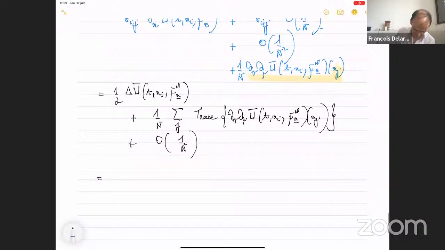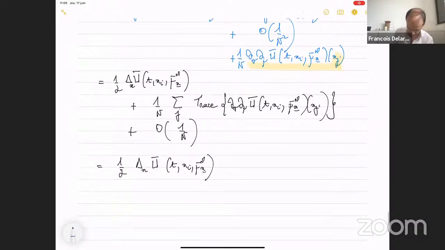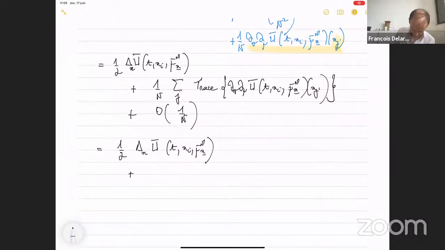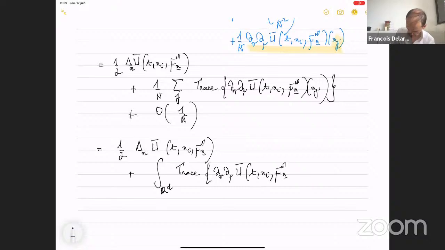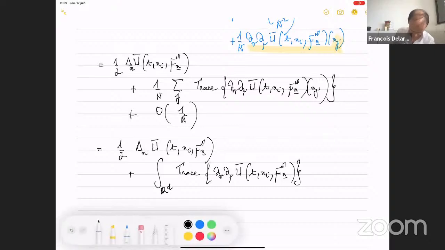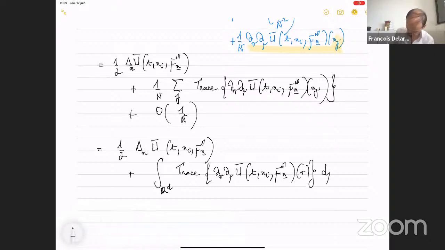And this is exactly as before. I have 1/2 delta x here, txi mu bar nx underline, plus the integral over Rd of the trace dv d mu u underline txi mu bar nx underline, v d mu nx v plus O of 1 over n.